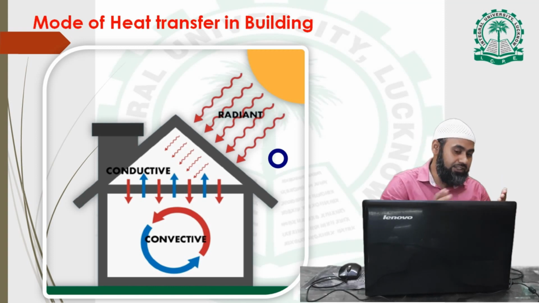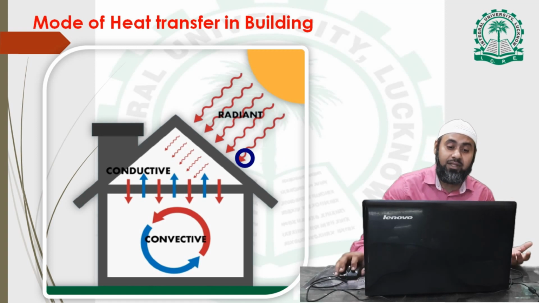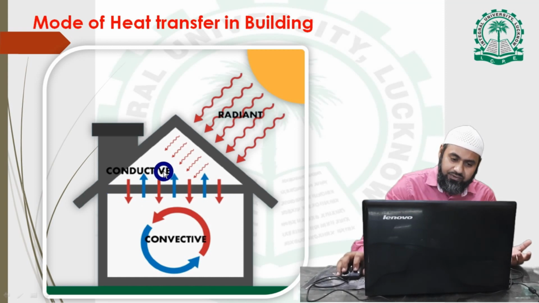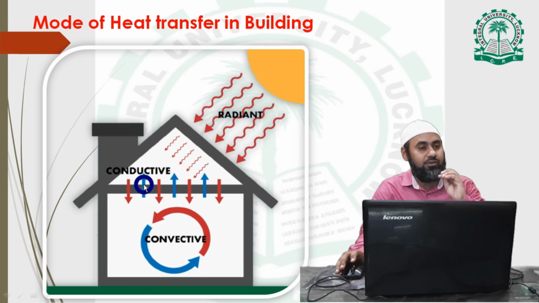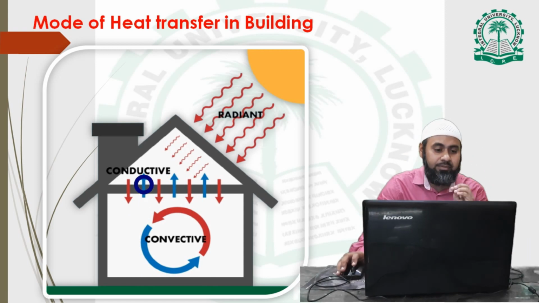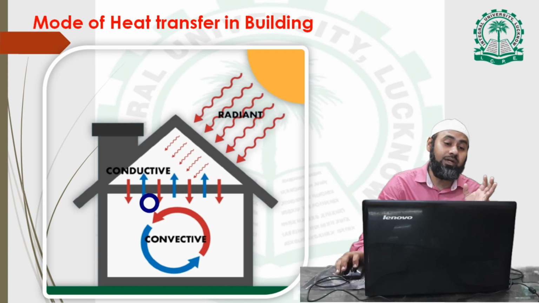You can see easily the heat transfer through this wall will be known as conduction, and again here heat is available, and here simply a beam is placed. Through this beam the heat is transferred to the room or to the space. This transfer will be known as conduction, meaning heat is transferring through the solid medium, through the beam. That will be called conductive heat or heat transfer through conduction.